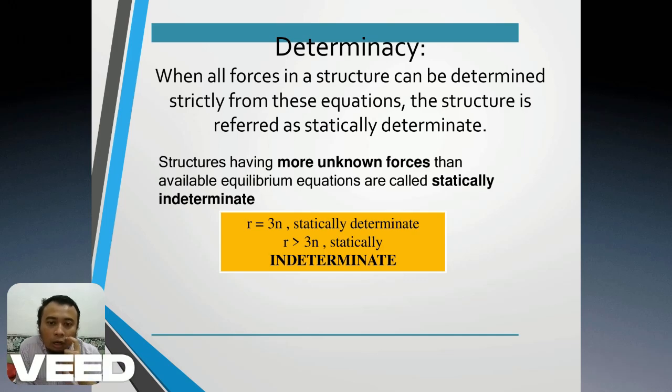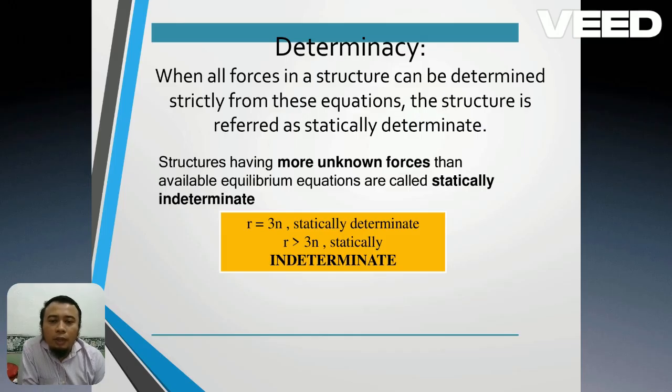So if R is equal to 3n, then you have a statically determinate structure. But if your R is more than 3n, it becomes statically indeterminate. R is the number of unknown forces, basically reactions.